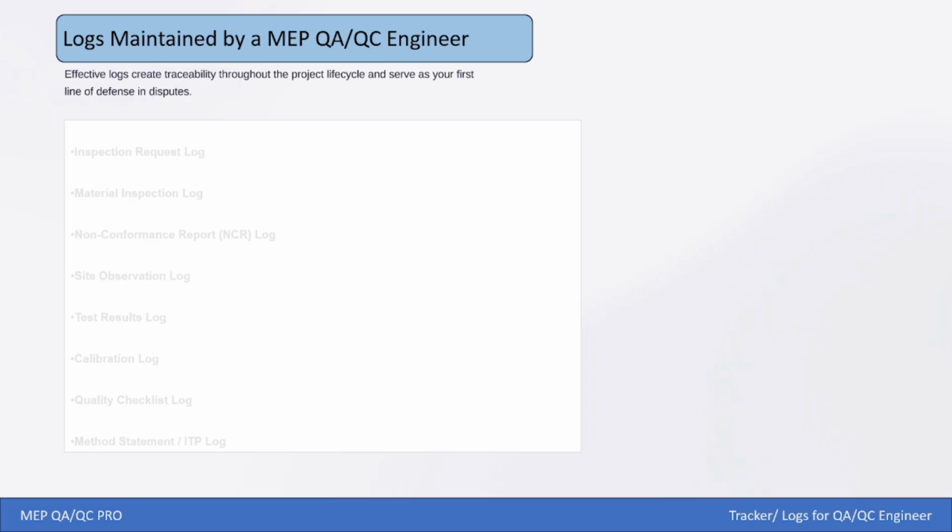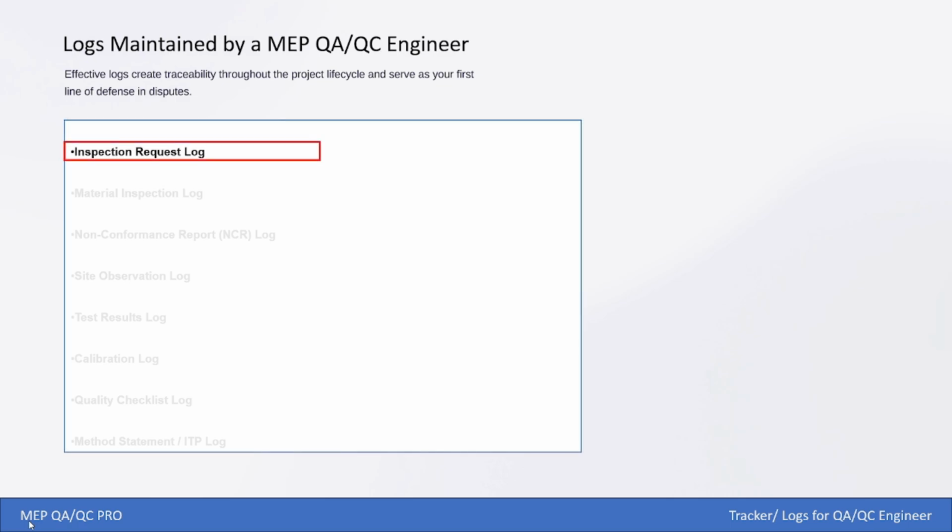So let's go to the first one, which is the inspection request log. Inspection requests like WIR, MIR, or any inspection going outside, whenever you are raising them, have to be tracked carefully with the inspection date and when you are receiving them back from the consultant or the client.